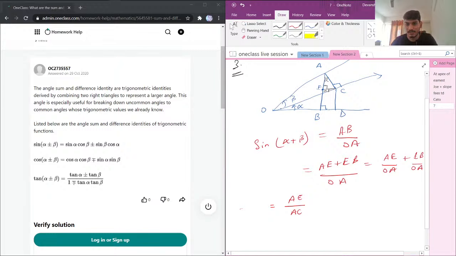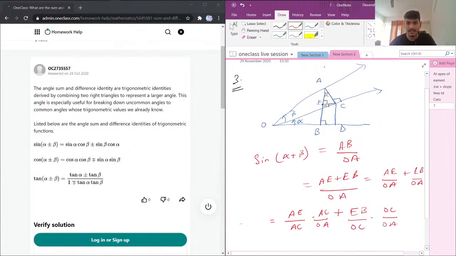So AC is basically this side, this one. This one is AC, so I'll just multiply and divide by AC over OA plus, for the other one EB, I should multiply OC, I think. I will be multiplying OC over OA.